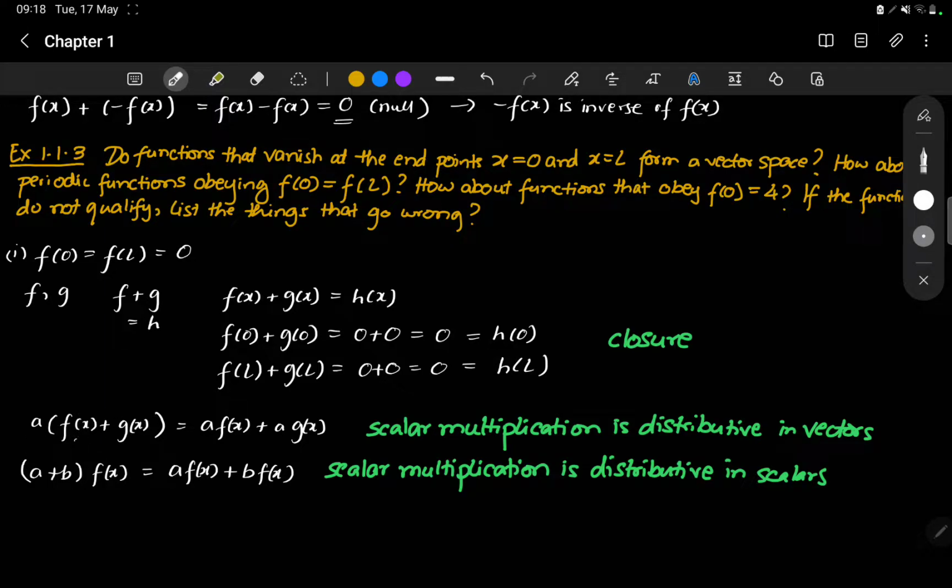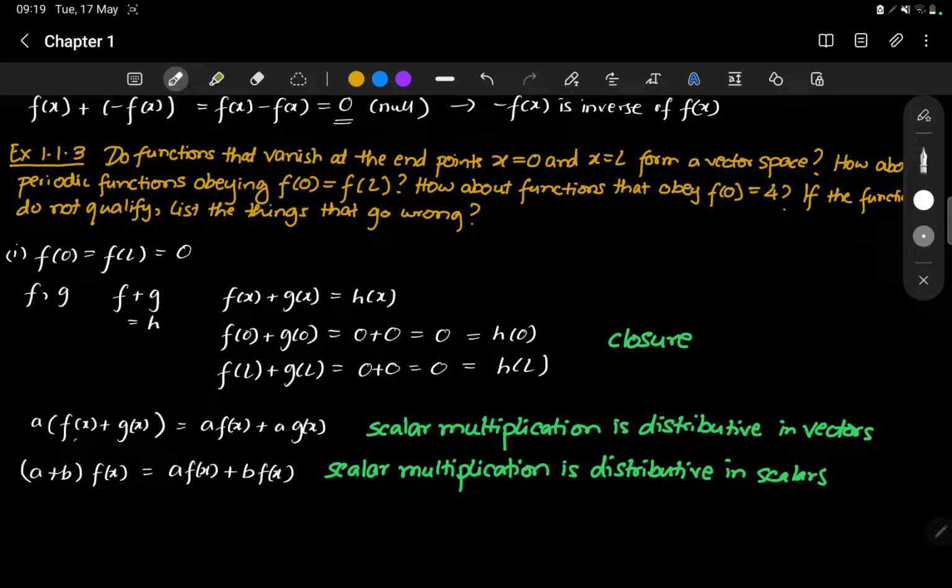And for real numbers, we know that multiplication is distributive. So these two statements that I just made about scalar multiplication being distributive come from the fact that real numbers have this property. Since real numbers have this property and these functions are taking real values, we see that these two properties are being satisfied.